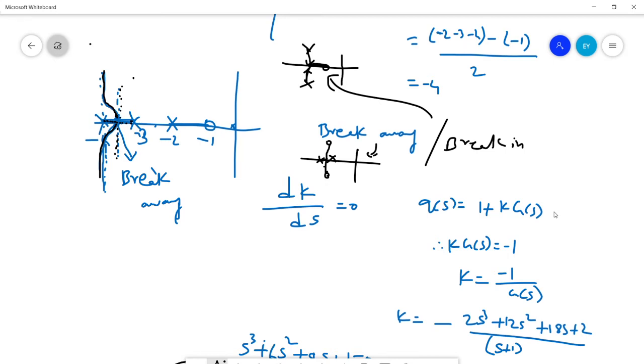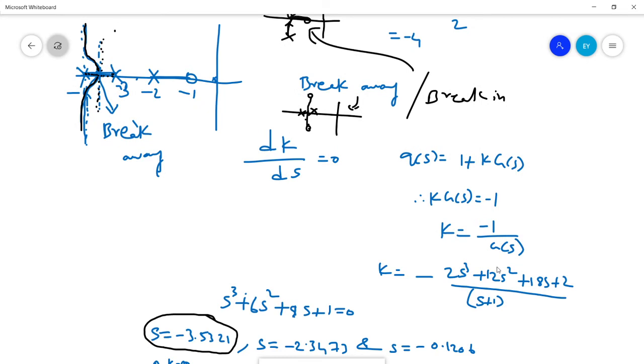That means K equal to minus 1 by G(s), right? Just substitute G(s) here, find the differentiation of K, and set dK by ds equal to 0, and find the roots.